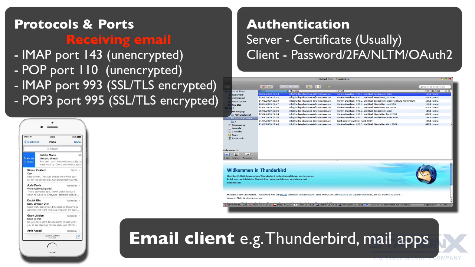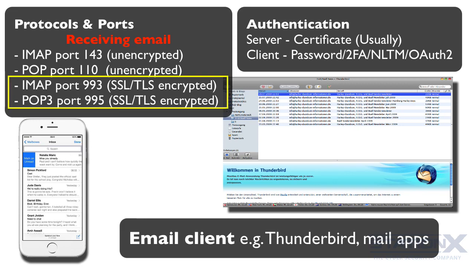And those alternatives are IMAP port 993, which is running SSL TLS encryption with the certificate-based server-side authentication, like with a website. And you have POP3 on port 995, running the same SSL TLS encryption with, again, certificate-based server-side authentication.